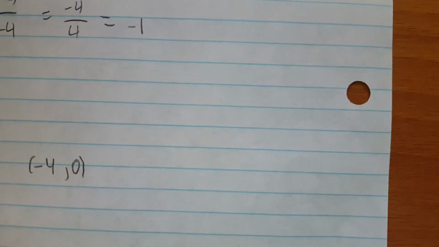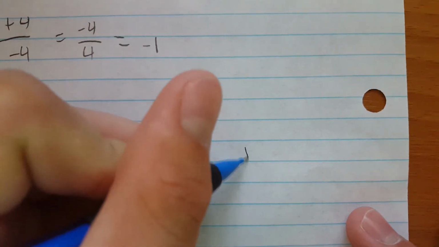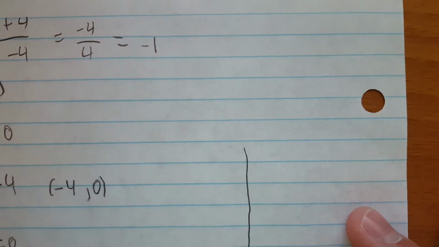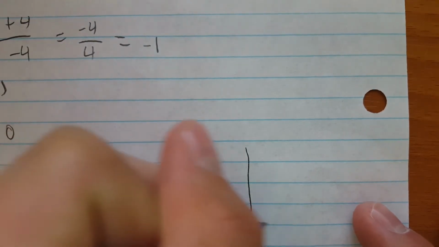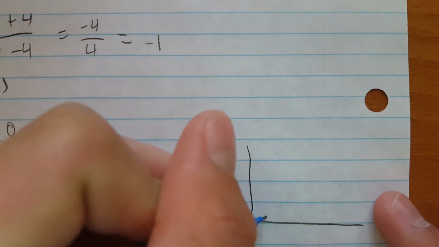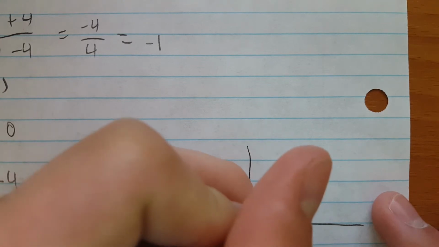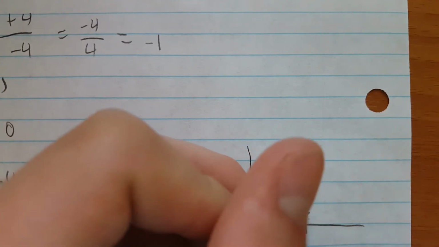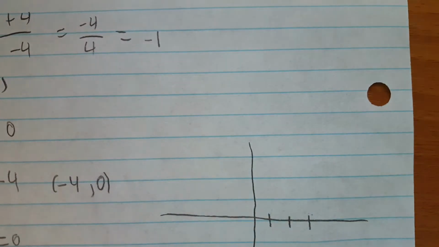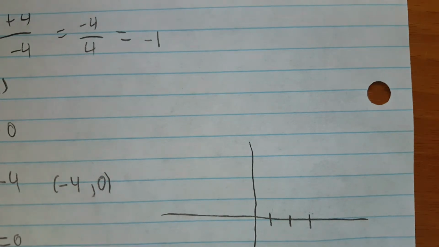So now we're going to go ahead and figure a little bit of our graph out. This is where horizontal and vertical asymptotes can help us out. Let me get some graphing paper so y'all can see.